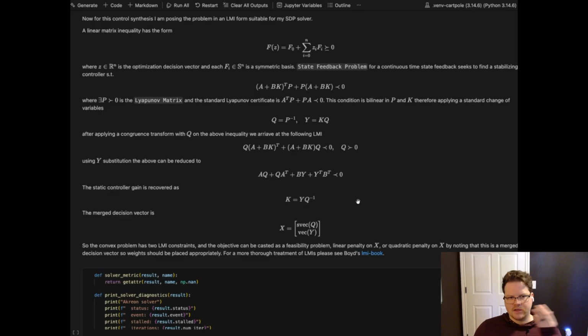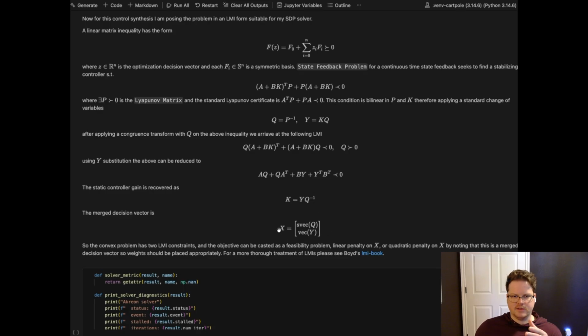And so the static controller gain can be backed out by K is equal to Y Q inverse, because we have Y is equal to KQ, and we know Q is positive definite. This is acting as our P again, so we have K is equal to Y Q inverse. And so this merged decision vector, because we have two unknowns at the moment, is this symmetric, positive definite Q, and this basically full matrix Y.